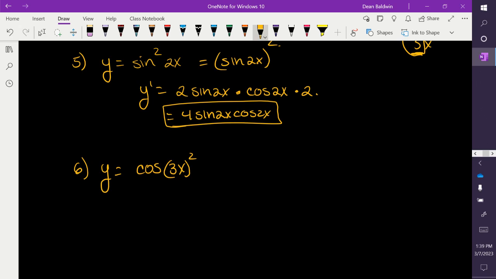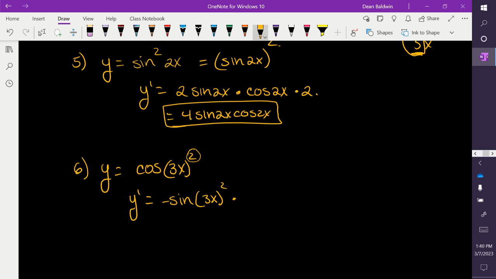What's your outside function? Cosine, because the squared is on the 3x. So, y prime. Derivative of cosine is negative sine of 3x all squared times, what's the next function in? It's that squared. So you drop down the 2.